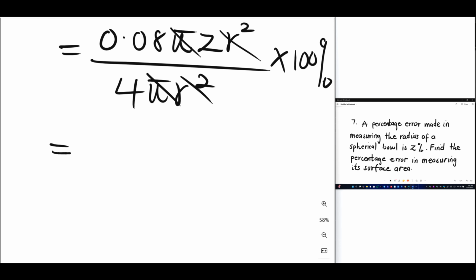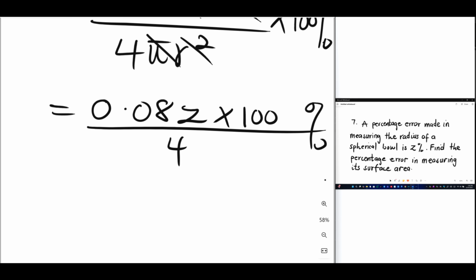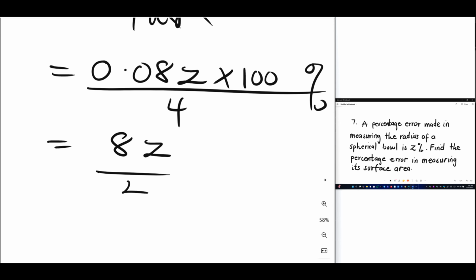We are left with 0.08 Z times 100 divided by 4%. 0.08 times 100 gives us 8, so we get 8Z divided by 4%.